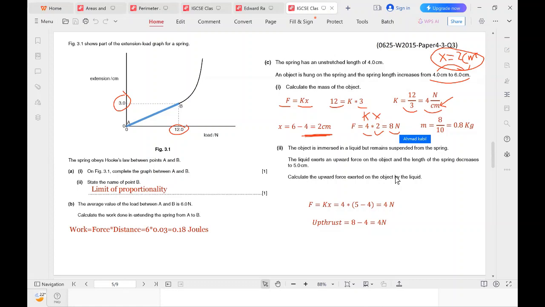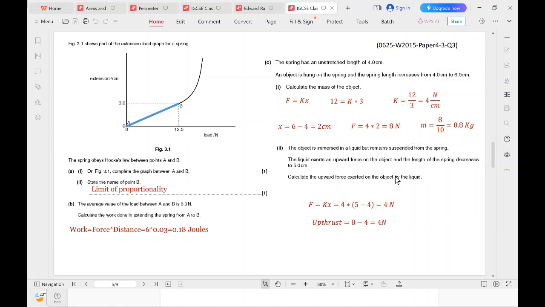This force is because of the weight of the object, and W equals mg. So the 8 newtons here would be the W, and we want to get the m. We know that g is 10. So 8 divided by 10 gives us the mass, which is 0.8 kilograms.